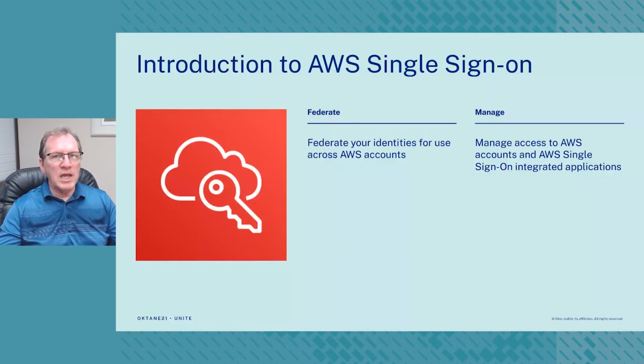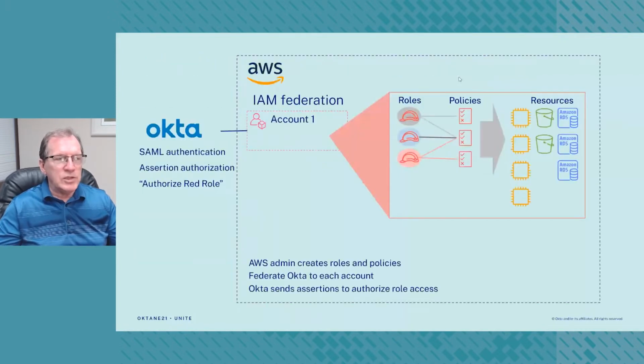Now, to help people understand what we've done, we're going to start with what we've done in the past. Originally, customers federated Okta Universal Directory to each AWS account. And inside the account, the AWS administrator created pseudo principals called roles.